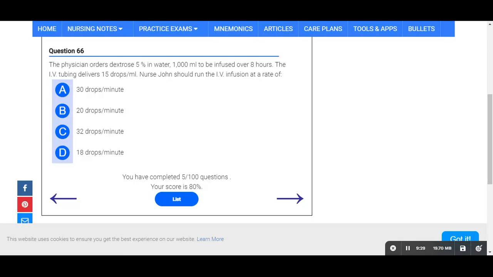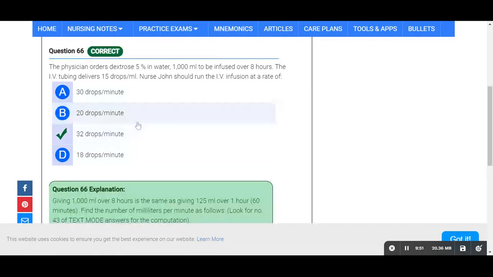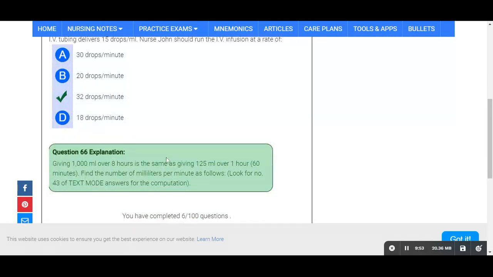Okay, let's try it. 1000 times 15, because we have to cancel out the ml from both, divided by 8 times 60 minutes. Now we have the answer of 31.25, and the closest answer to this is 32. Okay, that's correct.